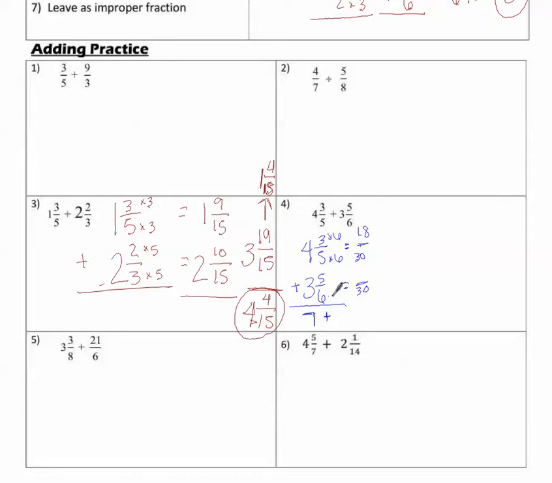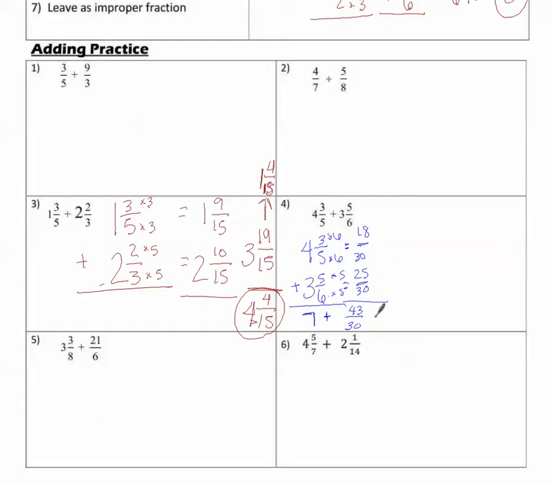6 times 5 will give me 30. Whatever you do to the bottom, you must do to the top. So 5 times 5 is 25. You want to add your numerators, so you add 18 and 25. This will give you 43. Keep your denominator. 43 over 30 is an improper fraction.